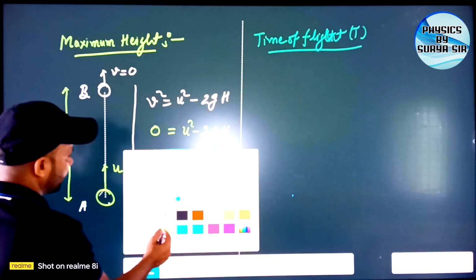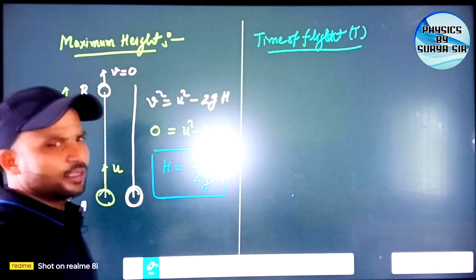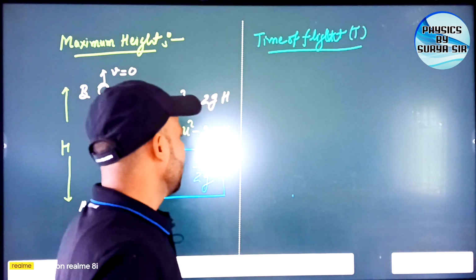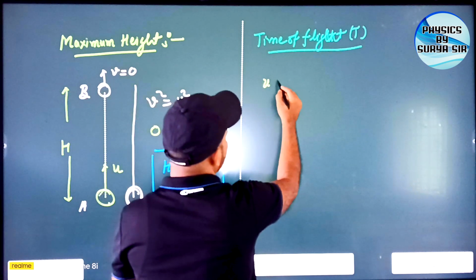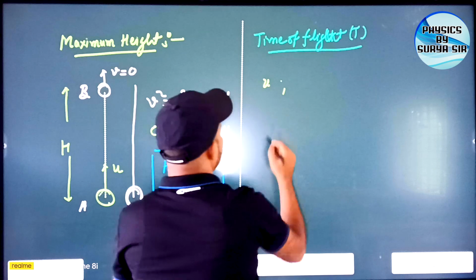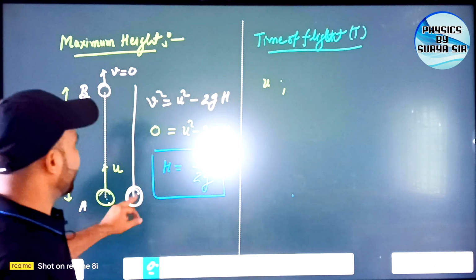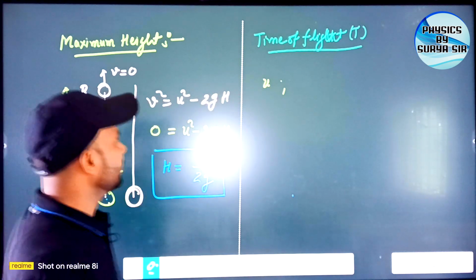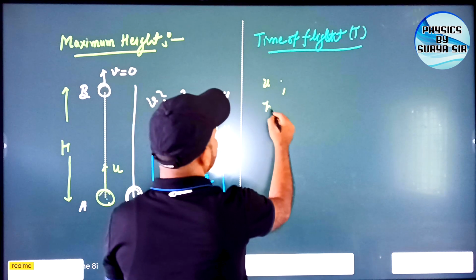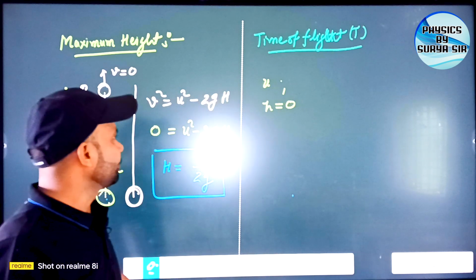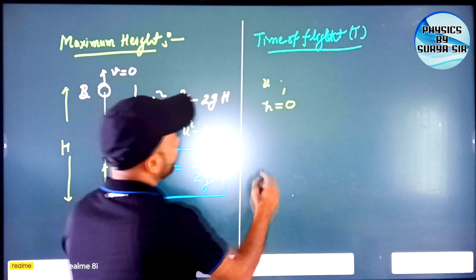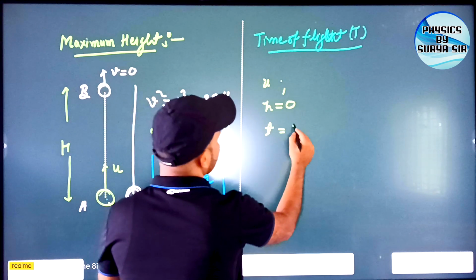So how can we calculate it? We can calculate by a direct method. We have its initial velocity u, and when it returns to the same point, the displacement will be 0. We have to find out the time t.